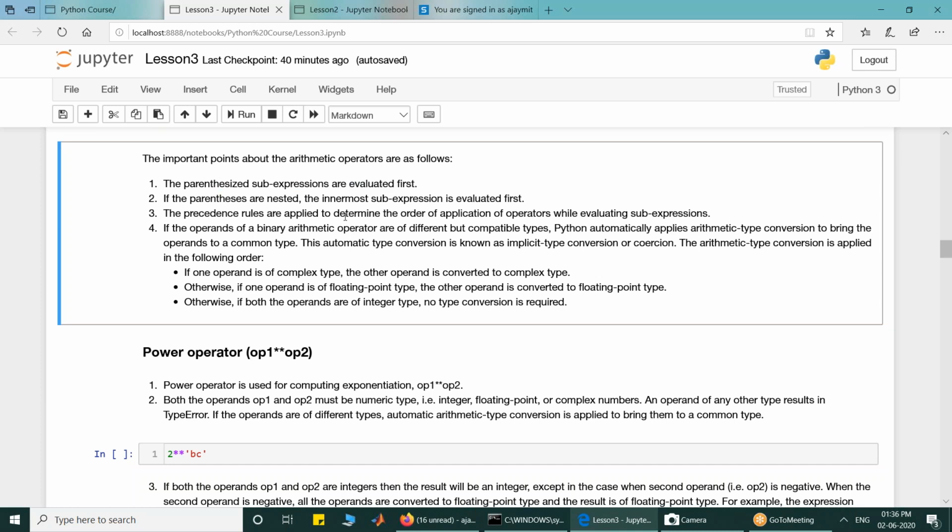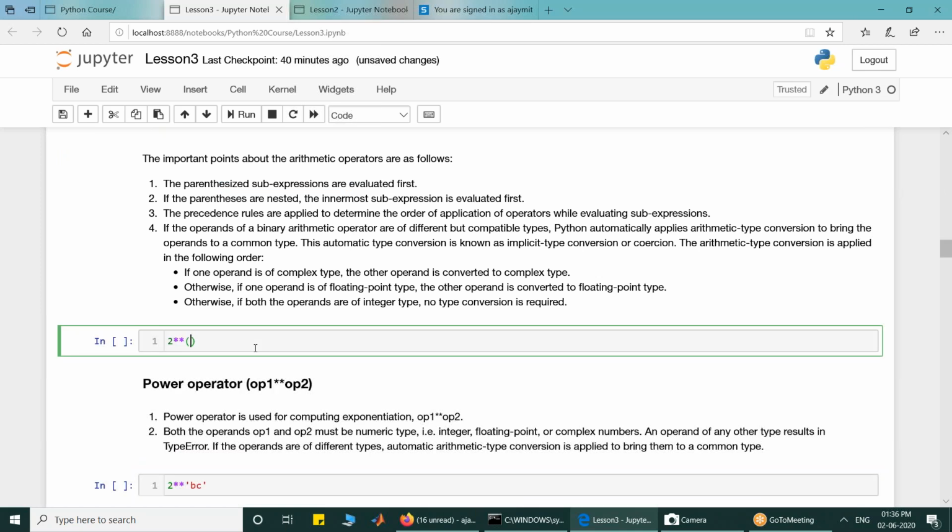As I have already shown you, suppose I have written 2 exponent (3 plus 4) and then exponent 2. Now in this overall expression, although plus is of lower precedence, there is a parenthesized sub expression involved. So 3 plus 4, which is a parenthesized sub expression, will get evaluated first.